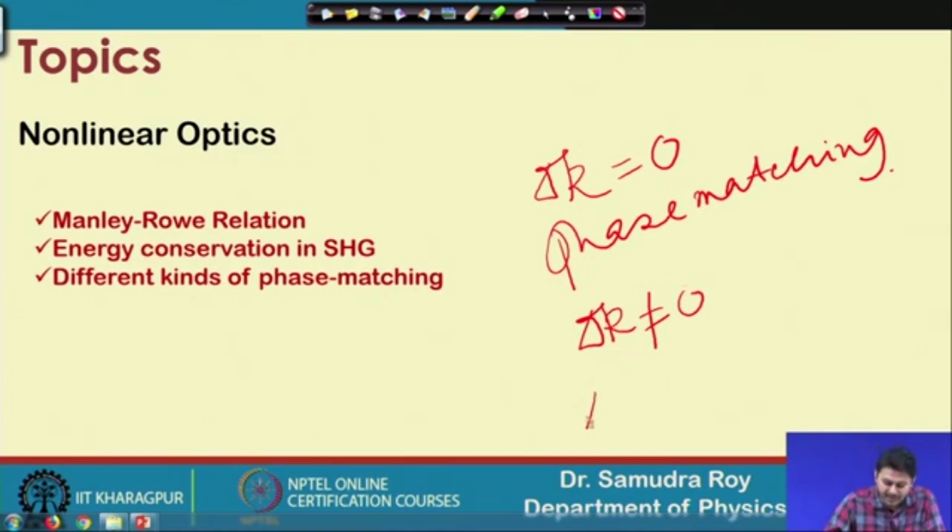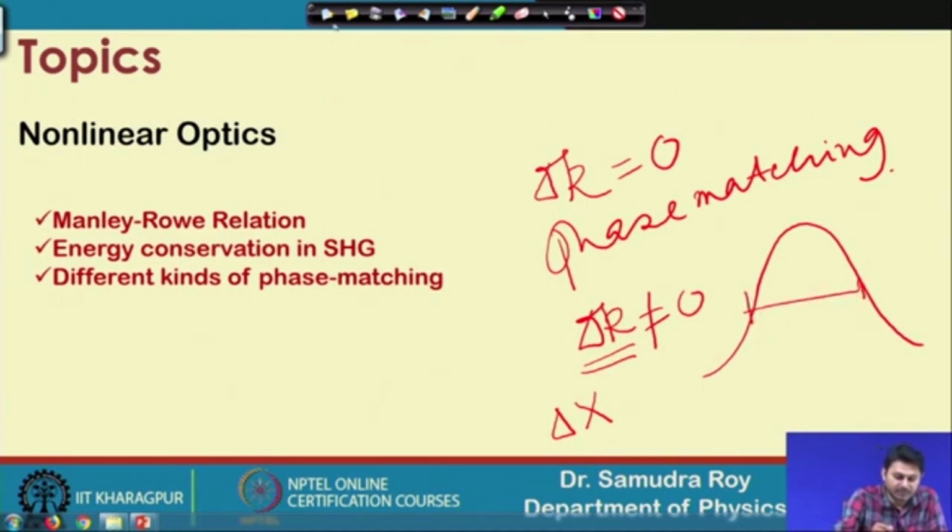If any external parameter x on which delta k depends, then what is the tolerance of this external parameter in terms of delta x for which we are getting the phase matching. And this delta k tolerance level we fixed at the half maxima point. So, that we have already discussed in the previous class.